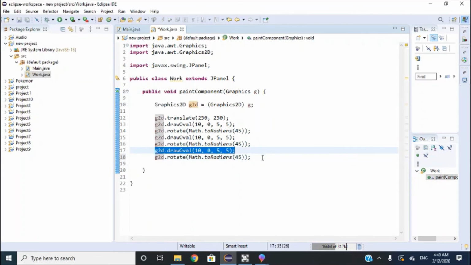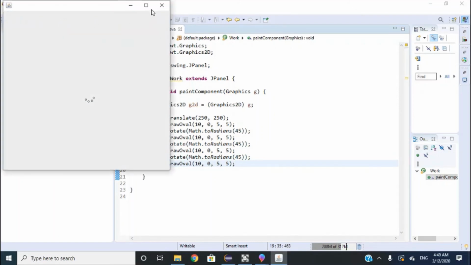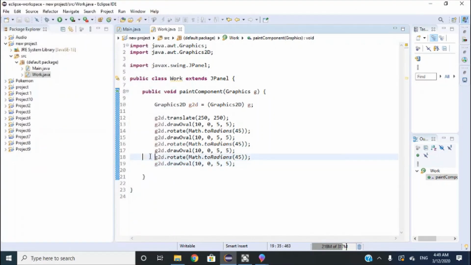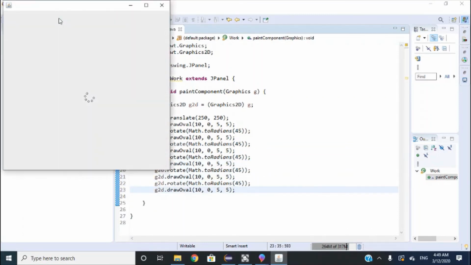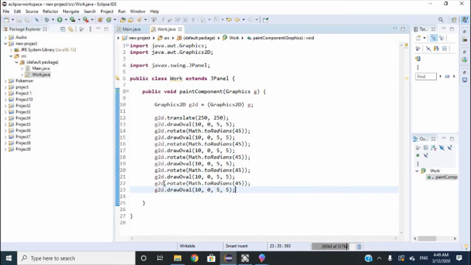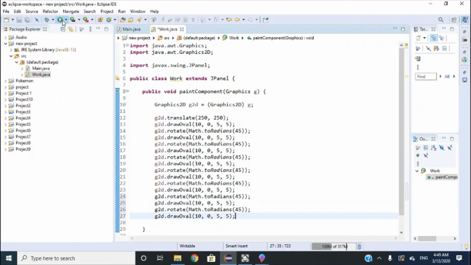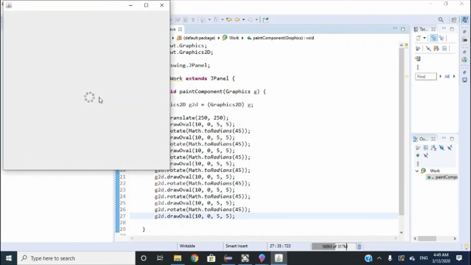Draw the oval again. It goes all the way in a circle, until we get to 360 degrees.